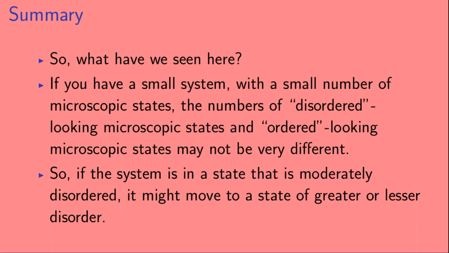Okay. So, what have we seen here? If you have a small system with a small number of microscopic states, the numbers of disordered-looking microscopic states and ordered-looking microscopic states may not be very different. So if the system is in a state that is moderately disordered, it might move to a state of greater or lesser disorder.